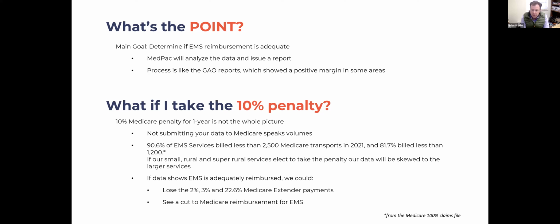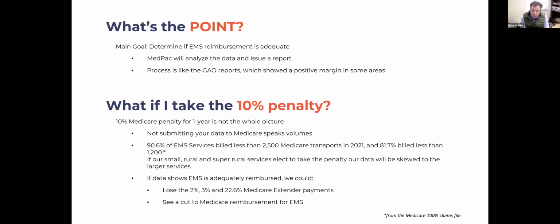But 2, the industry is all over the map in terms of the types of providers. And historically, when they've attempted to collect cost data, the responses that the government received tended to skew towards larger and urban providers. And that's not truly representative of the industry itself.